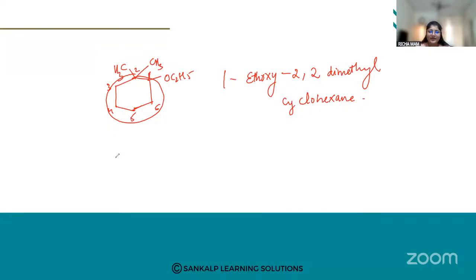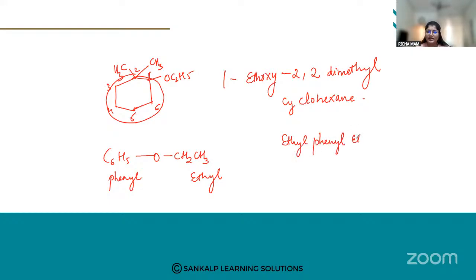Suppose I have it like this. C6H5 means your benzene, or you can name it as phenyl. And this is your ethyl. So how are you going to name it? The common name follows alphabetical order, so it will be ethyl phenyl ether.